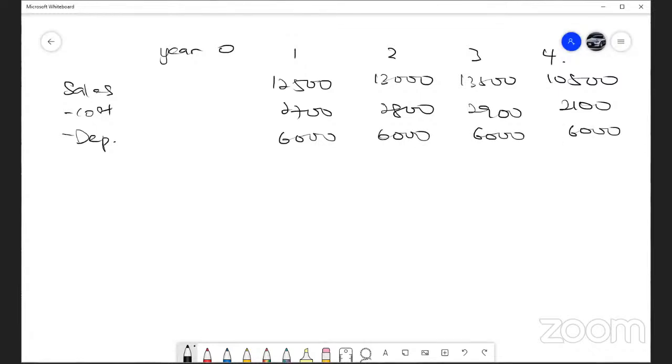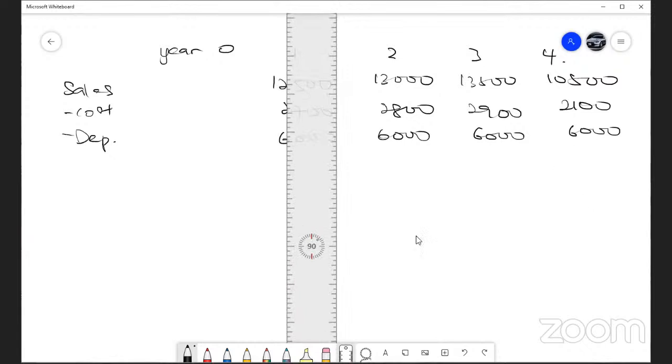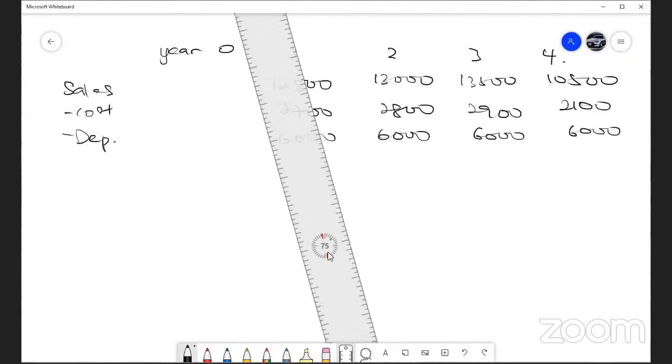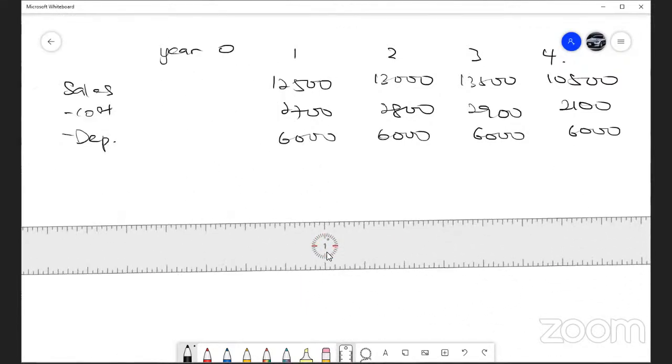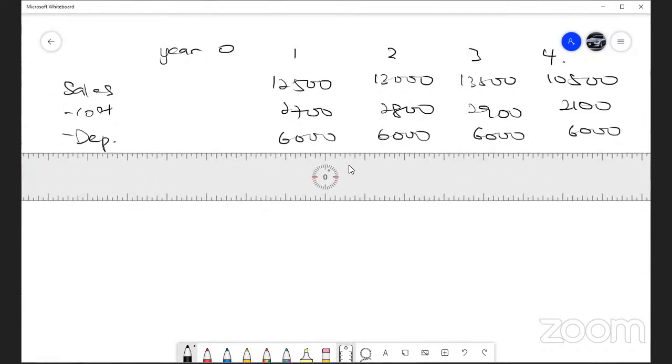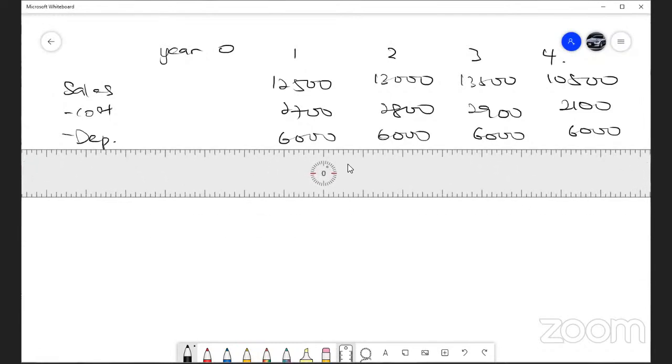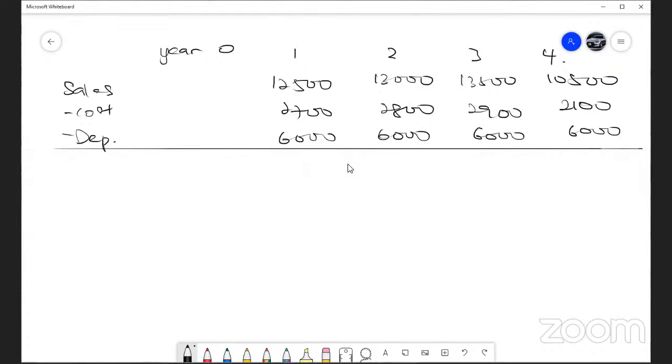I should have used Excel to do this to be easier. I'll draw a line. From this value given to me, I can already count my EBT.